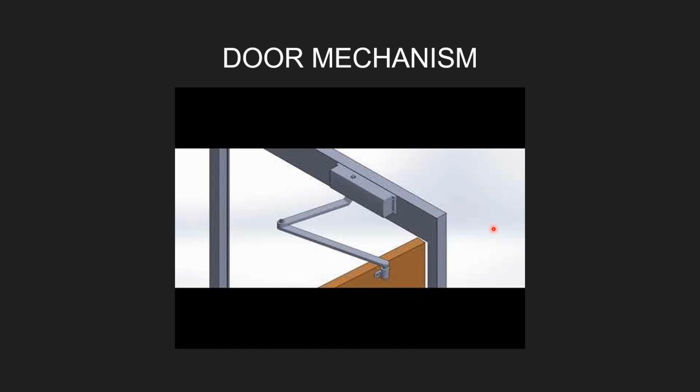As you can see, this is the door mechanism that we designed using SolidWorks. It is a 4-bar mechanism. Here is the input link. This is the output link, which is also the door. This is the connector link, and this is the ground link, which is the door chassis, or you can consider it as the wall itself.